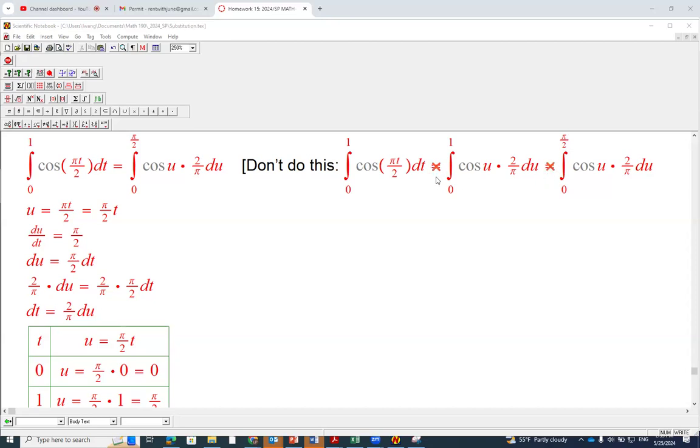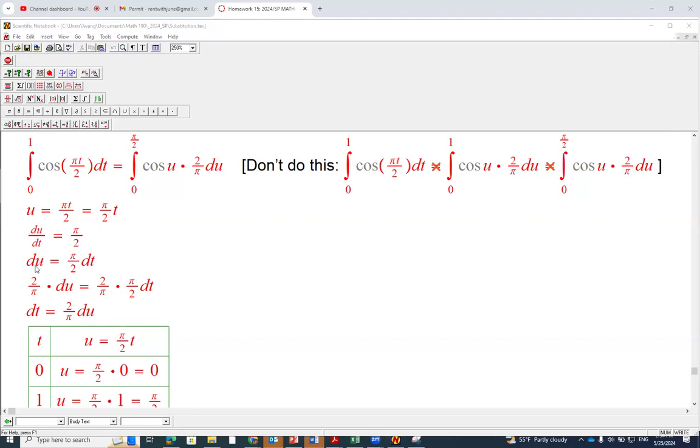That's another mistake. You made a mistake twice. So please avoid this kind of mistake. Please don't do that. Just take your time, set it up and put it together.